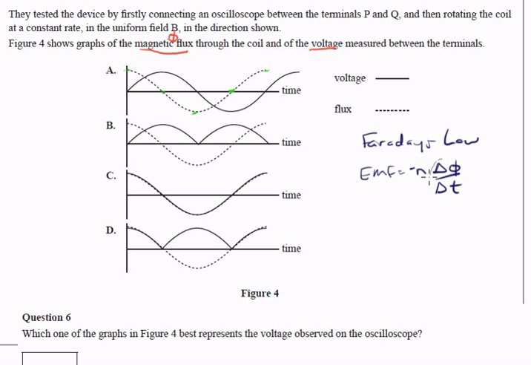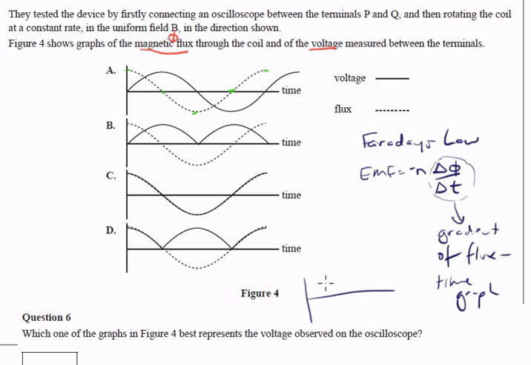And what this part here means, the change in flux over the change in time, is the gradient of a flux time graph. So it's the gradient of this dotted thing here. So let's talk about the gradient of this guy. We'll draw another graph over here.